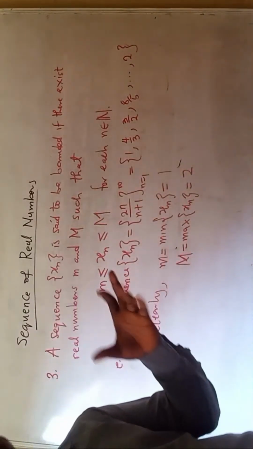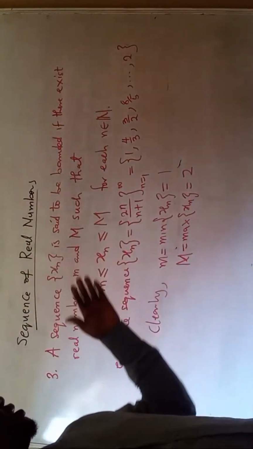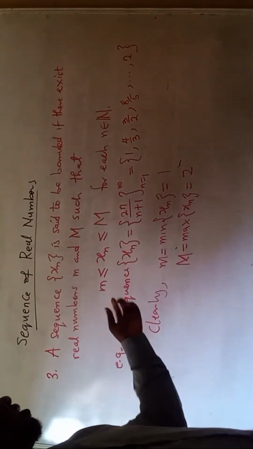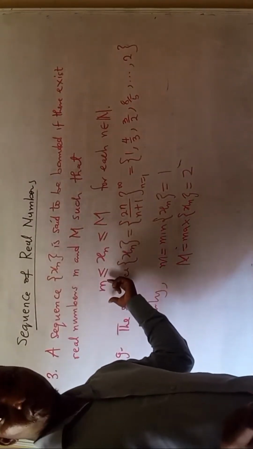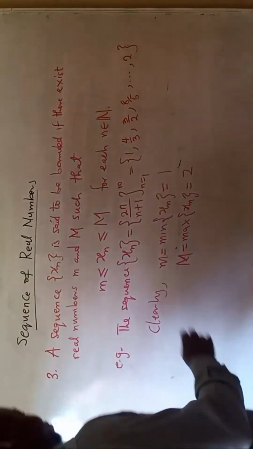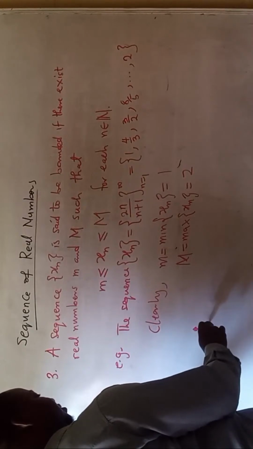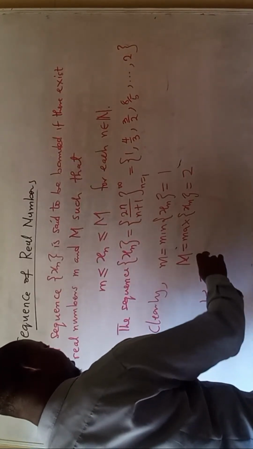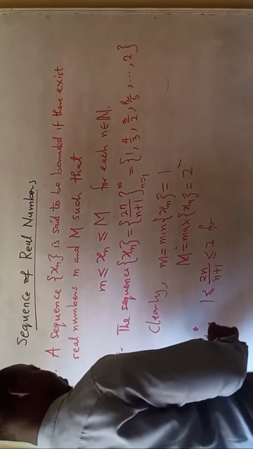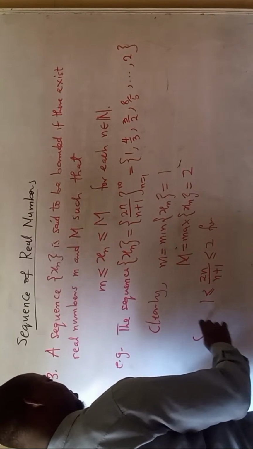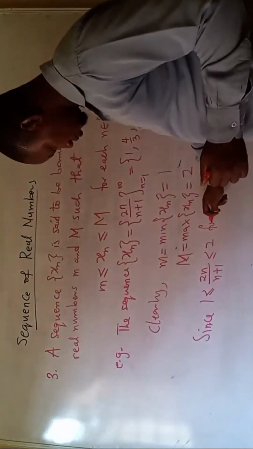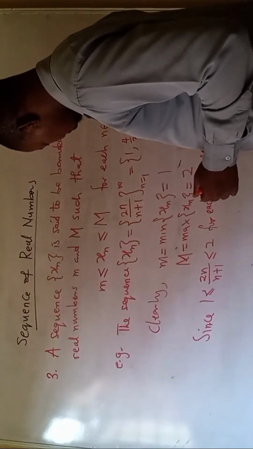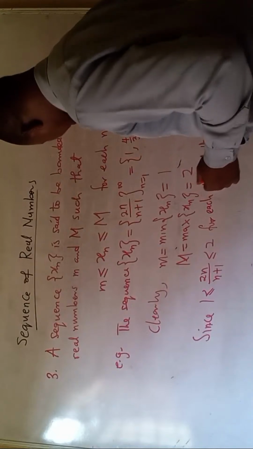Since the sequence in question has both a minimum and a maximum, we conclude that this xn is in between the range of 1 and 2. So therefore, it is a bounded sequence.